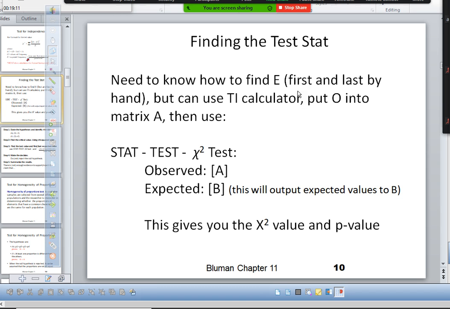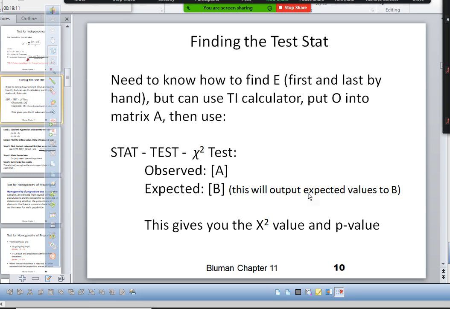So you can just put the matrix into your matrix A, right? Put your observed into matrix A, and then you're going to do stat test, chi-squared test, with observed A and expected B. So I'm going to say this one time, listen up guys: you do not have to put anything into matrix B. The calculator will calculate the expected values and store them into matrix B. That's what the calculator does.